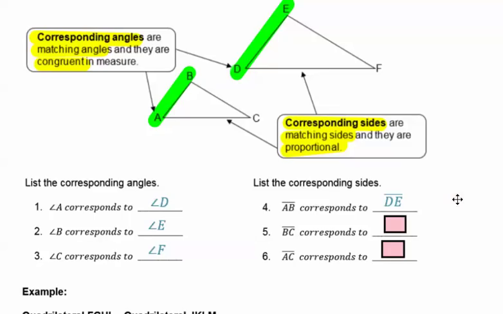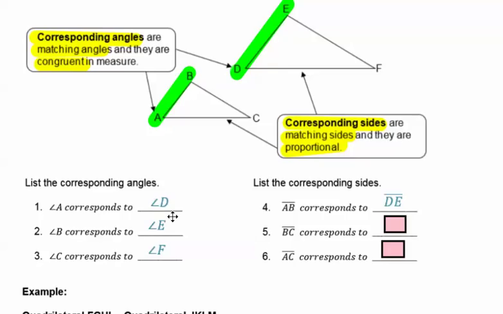We would not be able to say ED, okay? Because order matters. If we say AB, we have to say DE. If I had said BA, then we would say ED, okay? We have to go in the same exact order here.